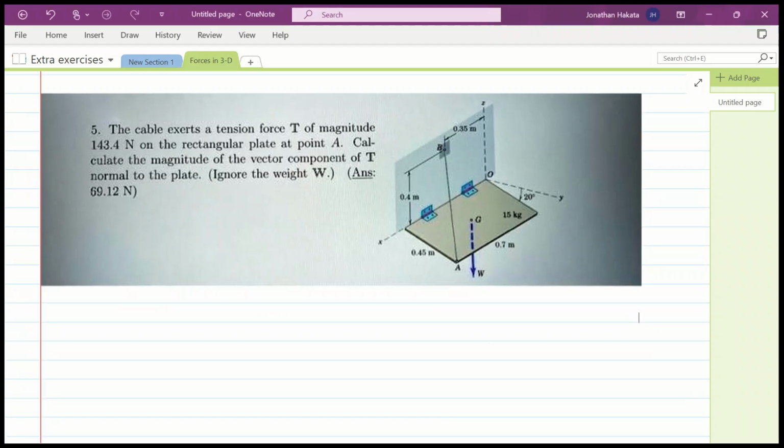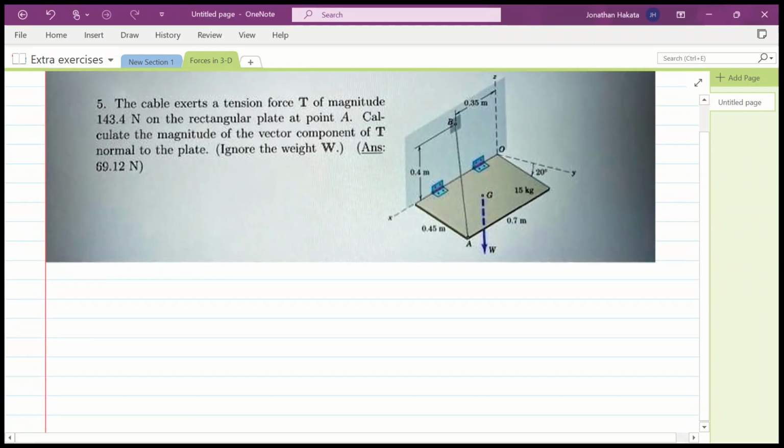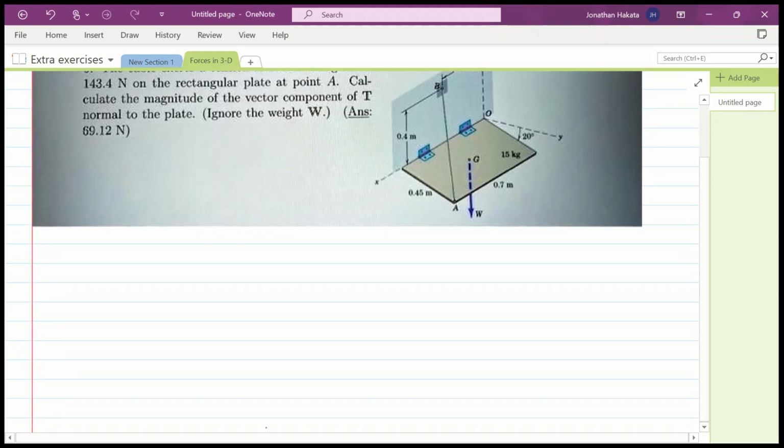Let me draw a small sketch of the scenario that we are given. Let's say this is the point A of the rectangular plate, and let's call this point M, and let's call this other edge of the plate point P. And we have another point B on the wall, according to the situation given in the question.